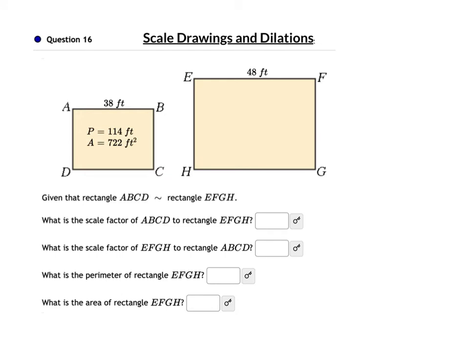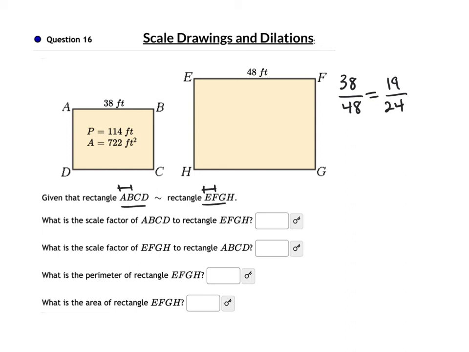Question 16 uses the idea that if we have a scale factor, we can square that to get the ratio of the areas. They give us the similarity statement, and we can see that AB, the first two, corresponds with EF, the first two. That's 38 corresponds with 48. Both of those are divisible by 2. That's 19 over 24.